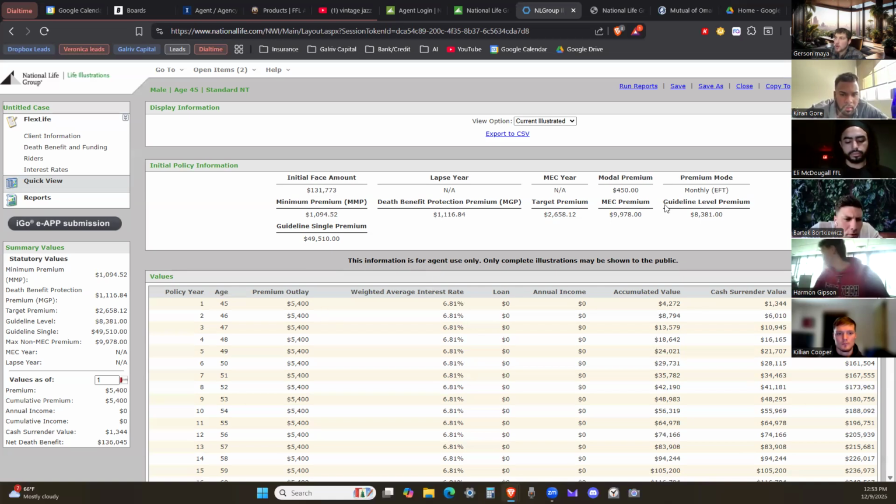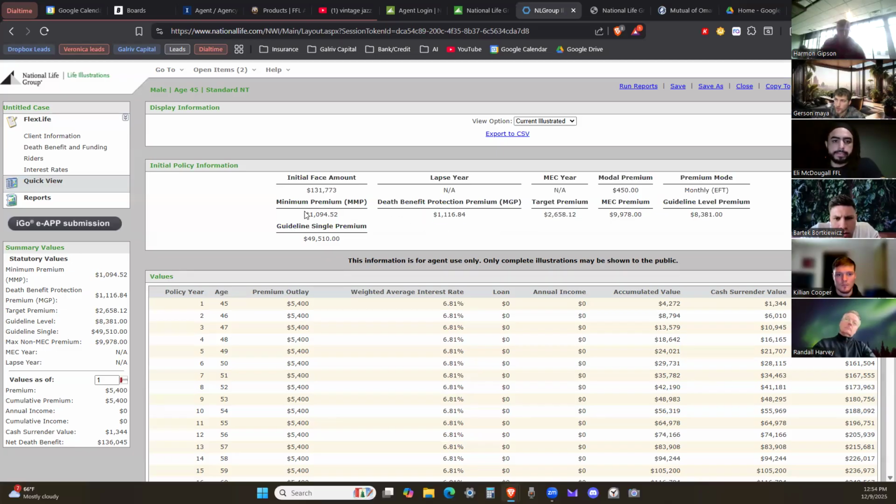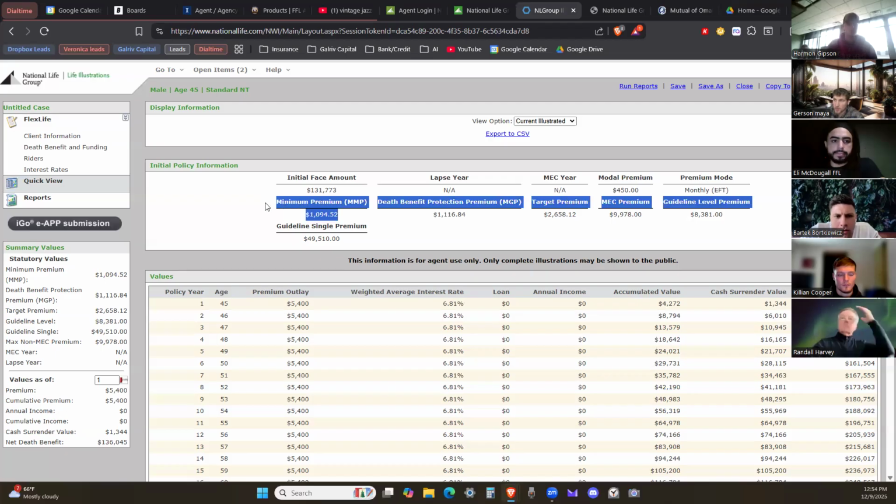Their monthly premium, again, they're going to be putting in $450 a month. Okay, and the 450 is just for the death benefit, right? The 450 is how much we're putting in total. The actual death benefit is going to have its own cost of insurance. Right here, technically, is the cost of insurance, this minimum premium, this MGP.